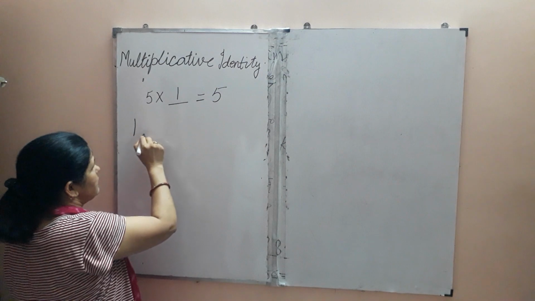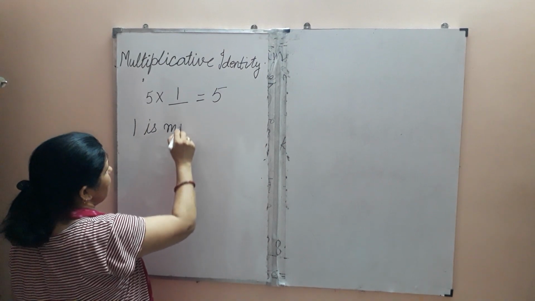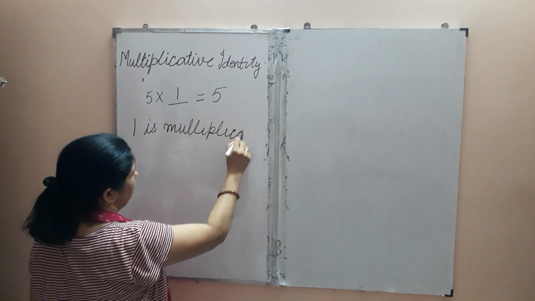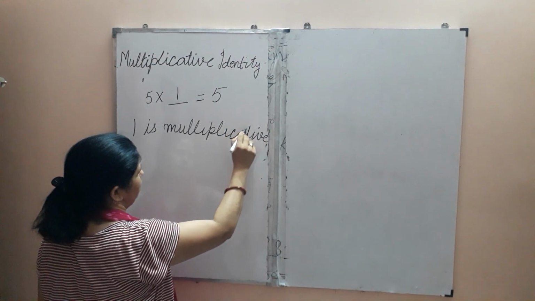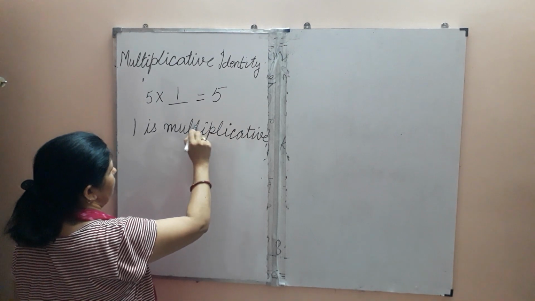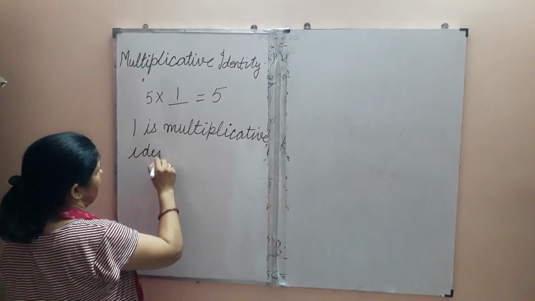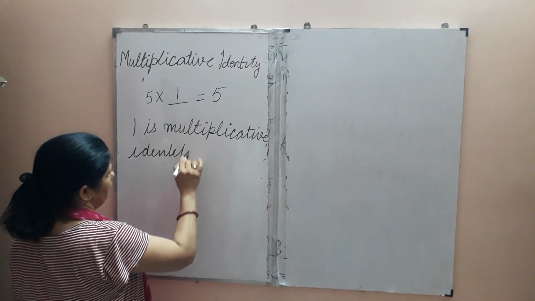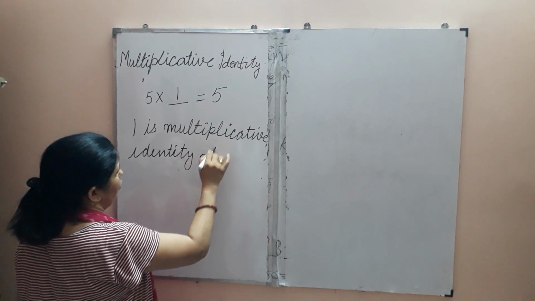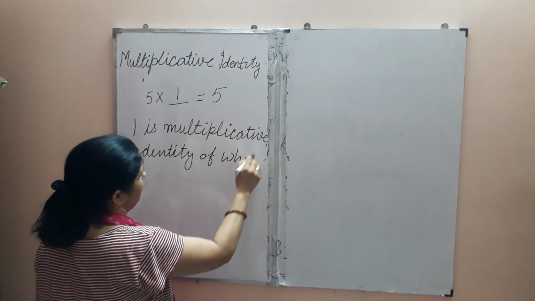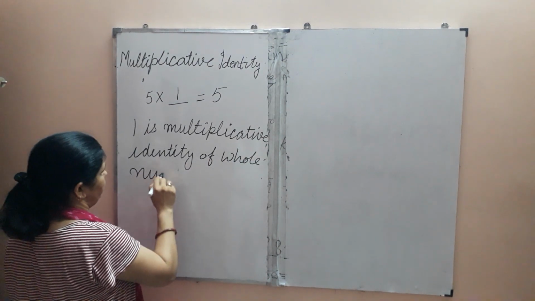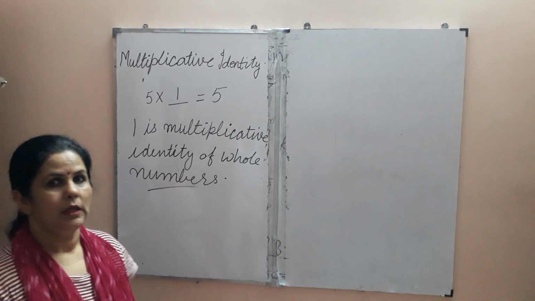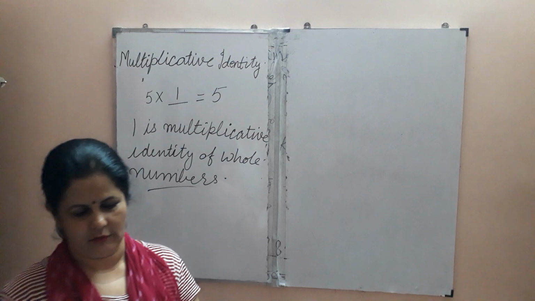So 1 is the multiplicative identity of whole numbers. Got it? And 0 is the additive identity.